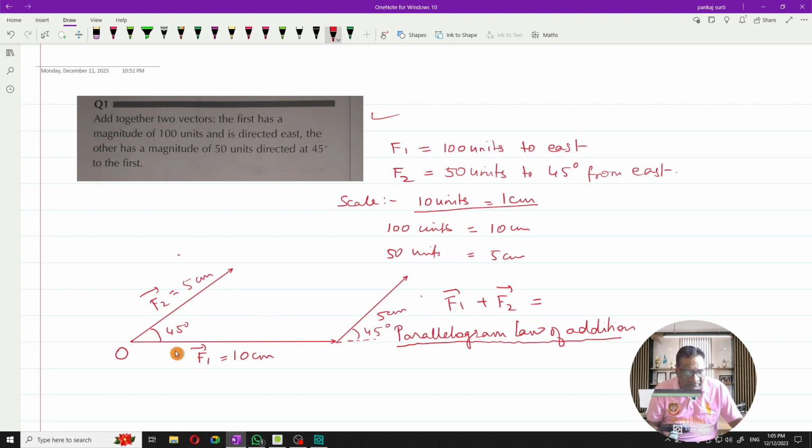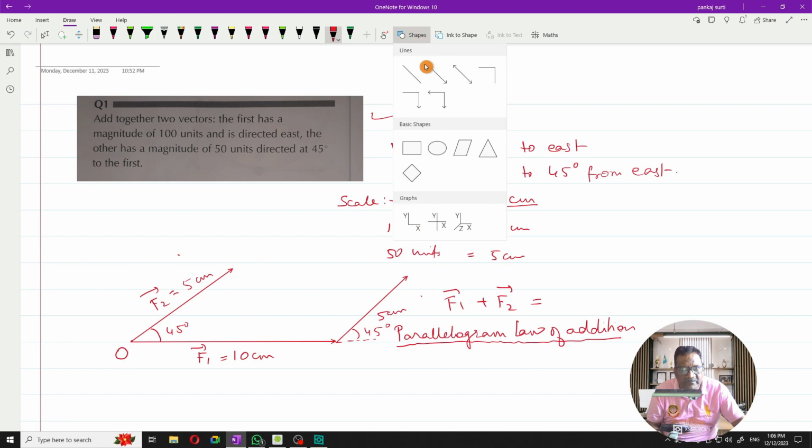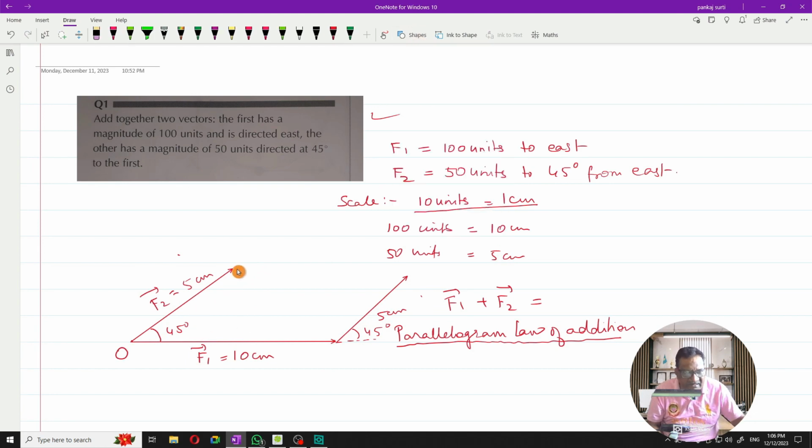And then I'm going to draw a fourth side of this parallelogram. I'm trying to complete this parallelogram. The fourth side should be equal to this one. So this is 10. So here I'll again draw one more, and that will complete my parallelogram. So if I draw this way, okay, my parallelogram is complete. This is another 10 centimeters. So you can see that this is a parallelogram.